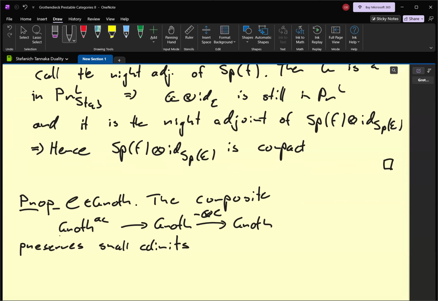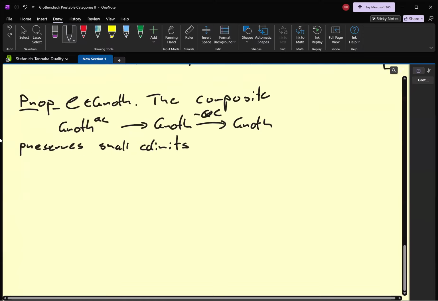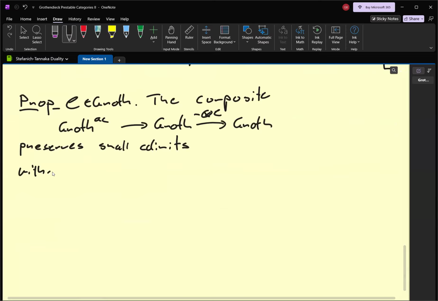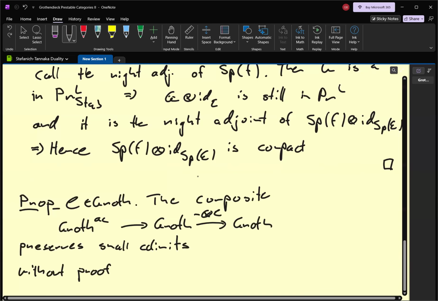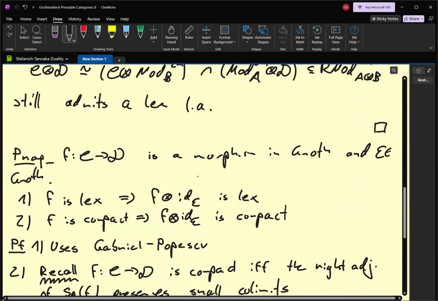This makes sense because last time we discussed that Groth AC has colimits, so this is in fact a statement that makes sense. I will just not prove it, without proof. I have not looked at the proof, but there should be an analogous version for not almost compact things, but compact things, and the proof for that should just go through. So this is a very brief discussion of the tensor product and how it interacted with notions from last time.